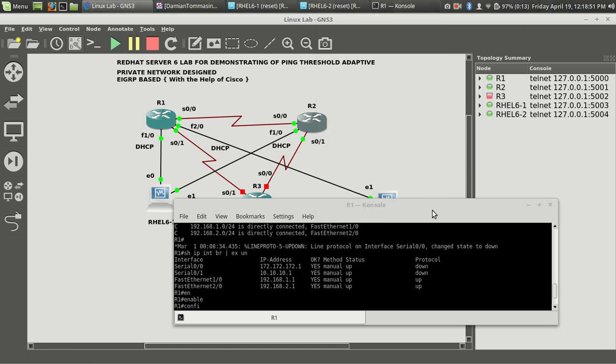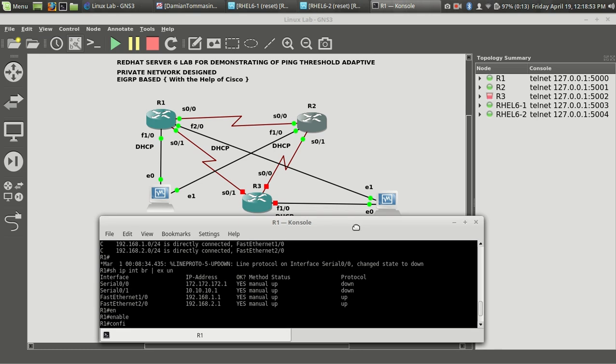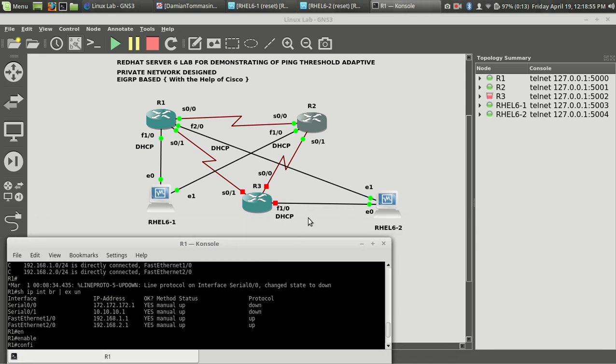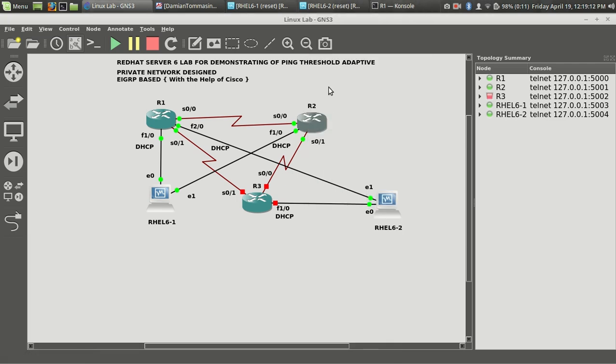So I'm going to start my router 2. Firstly we'll see if there is a need of a DHCP server on router 2. Yes, I need a DHCP server on router 2 over the FastEthernet 1/0 interface. Fine. Where is the console? It's not showing up right now.